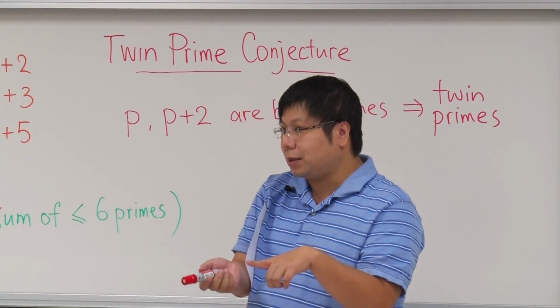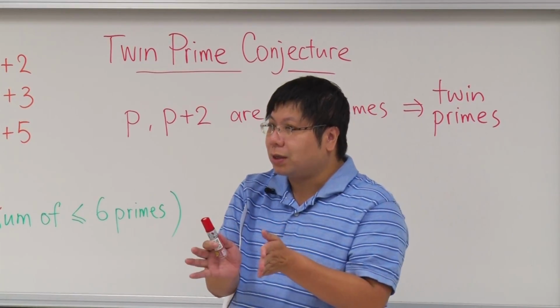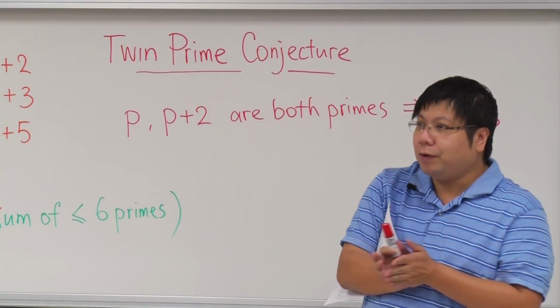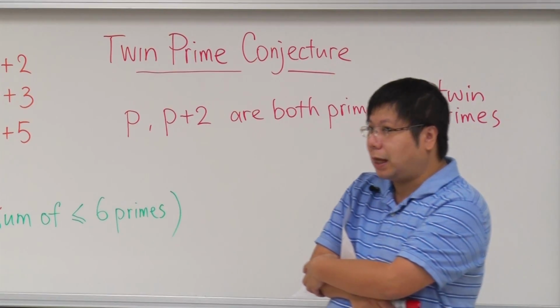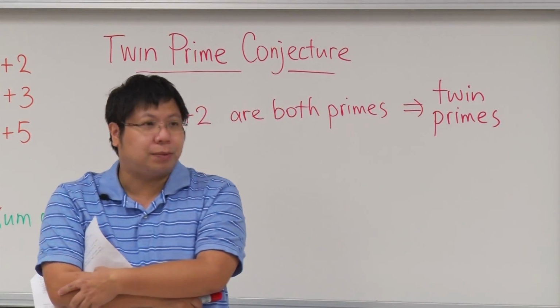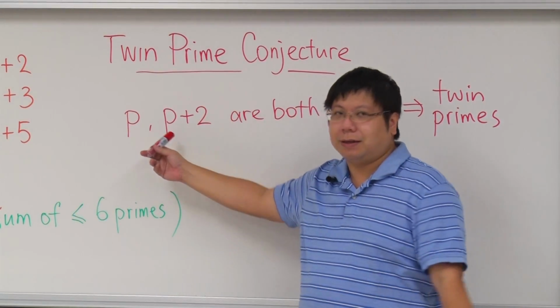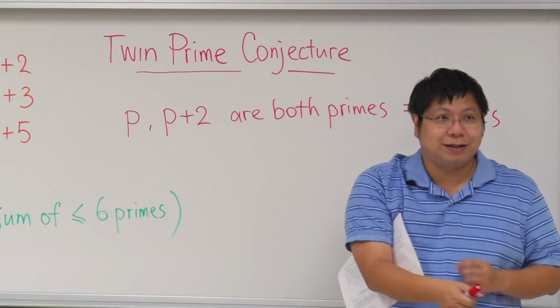So the next number that could possibly be a prime is p plus 2. But if you look at 7, 7 plus 2 is not a prime. So if you start from 7, then you need to add 4 before you hit another prime. Is that okay? So that's why twin primes are really precious. They are close to each other.